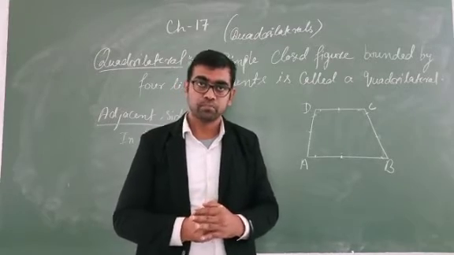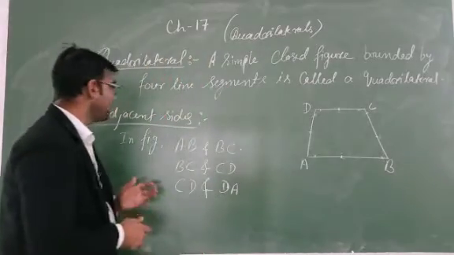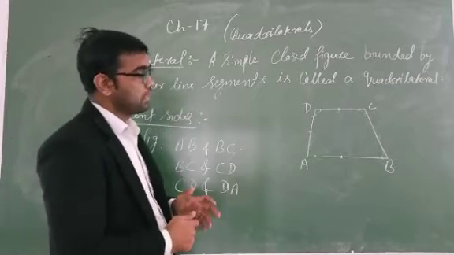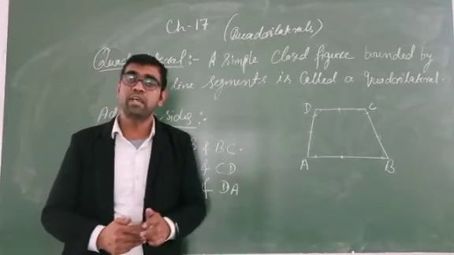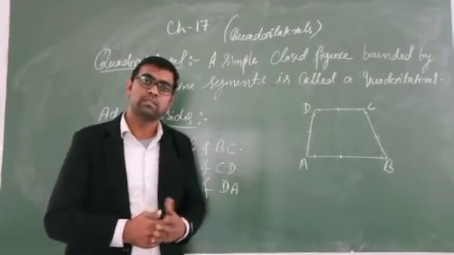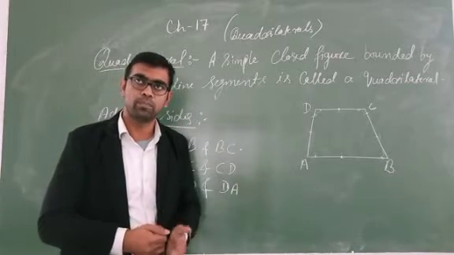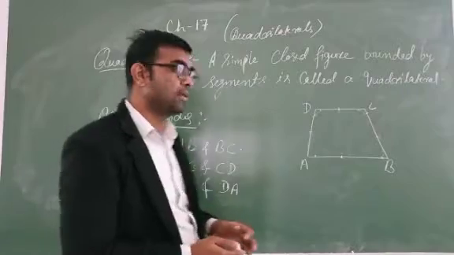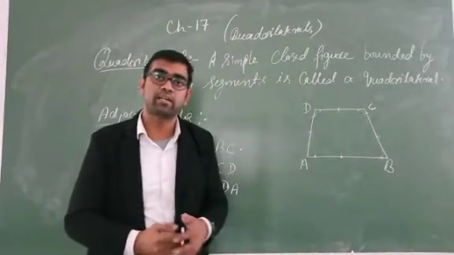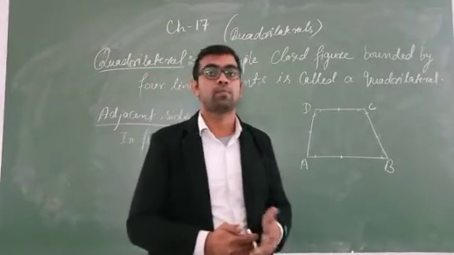Understand? Now, after adjacent sides, opposite sides. If they have no common endpoint, then they are said to be opposite sides. I hope it is clear. A quadrilateral in which no endpoint is common, that is said to be opposite.